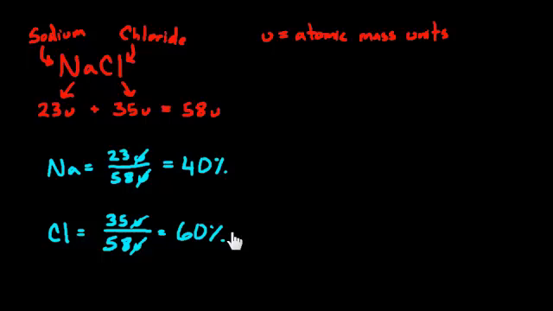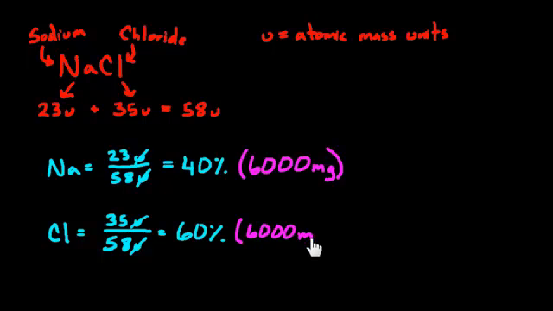Got it. Now, I have to go back to my teaspoon. In my teaspoon, I had 6 grams, or 6,000 milligrams. So in that teaspoon, I can just multiply it by these numbers to figure out how much of the weight comes from the sodium and how much comes from the chloride.